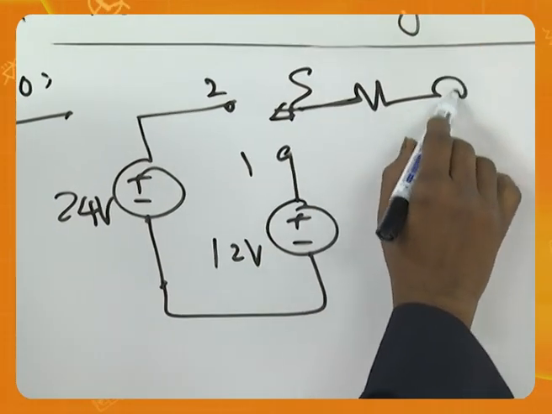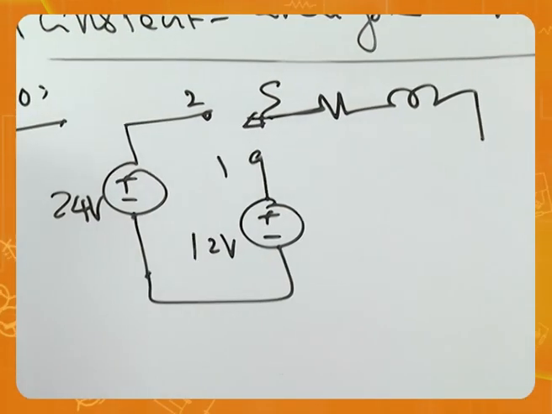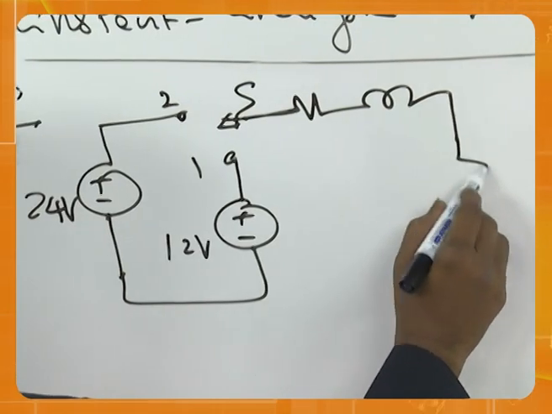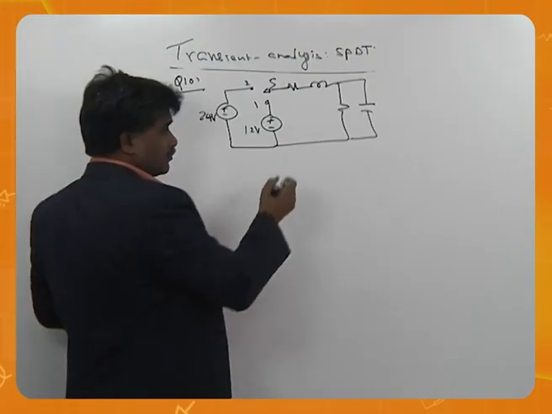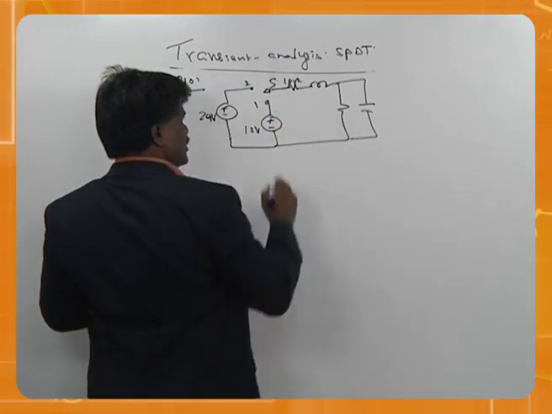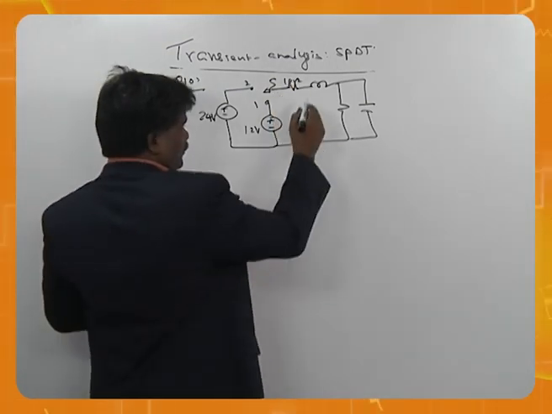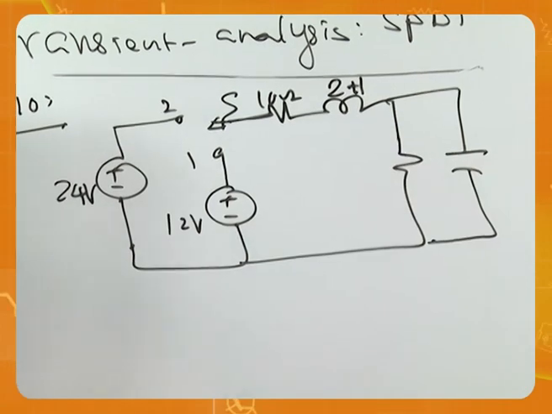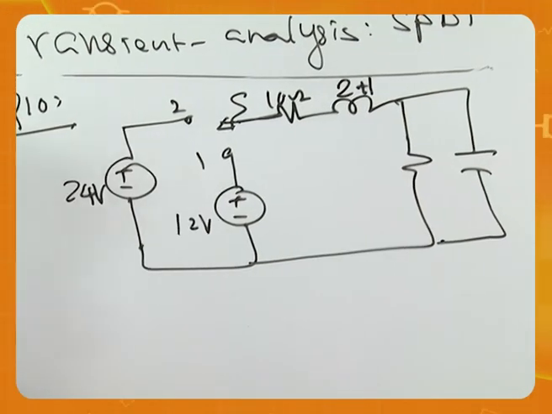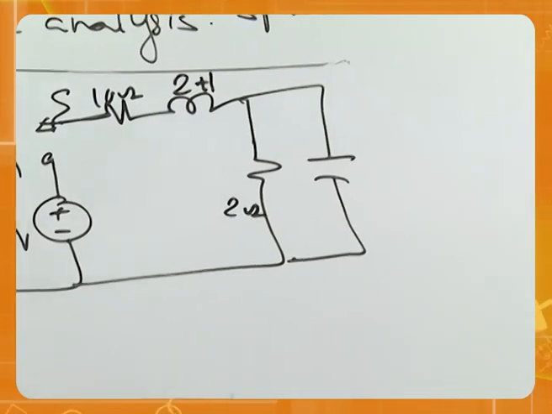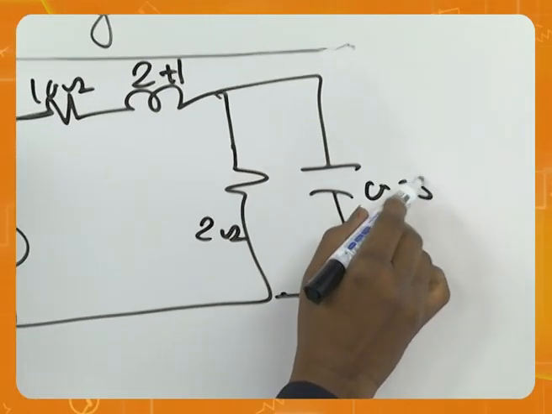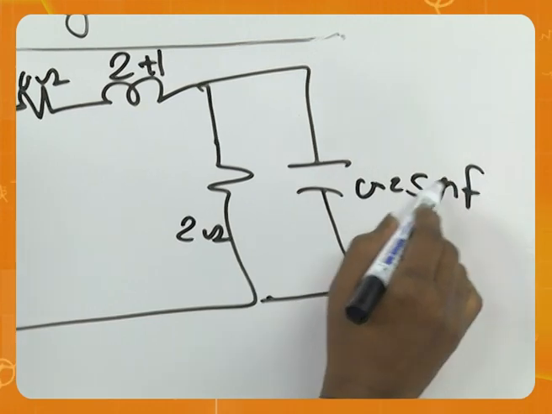There is a resistor and inductor. There is a resistor and capacitor. 10 ohms, 2 Henrys, 2 ohms, 0.25 microfarads.